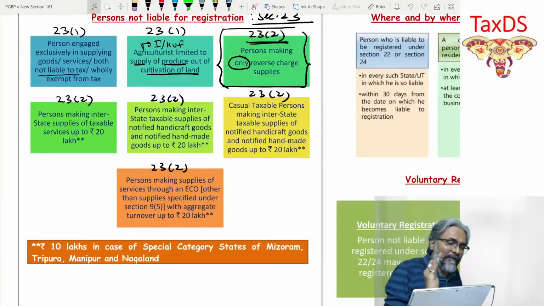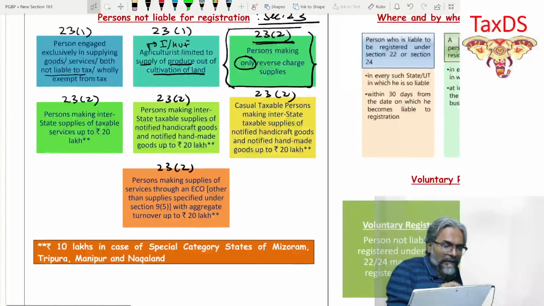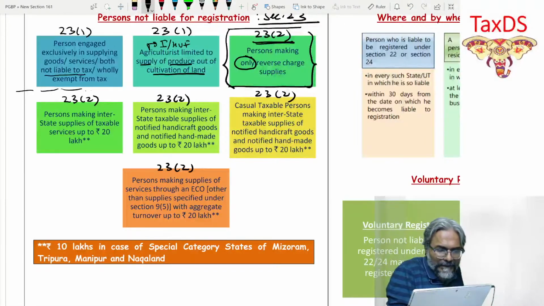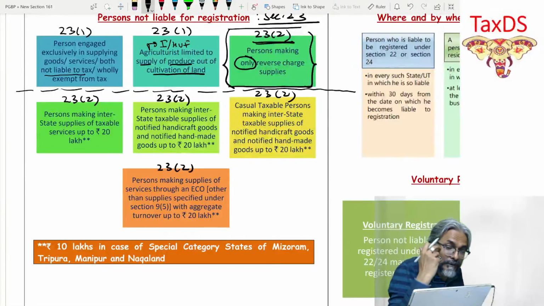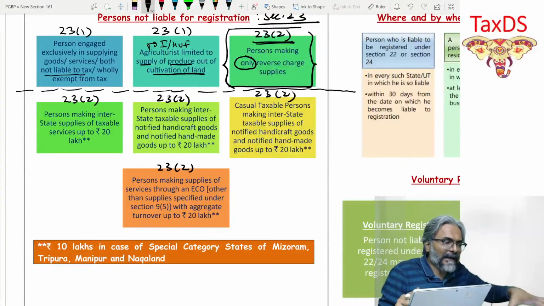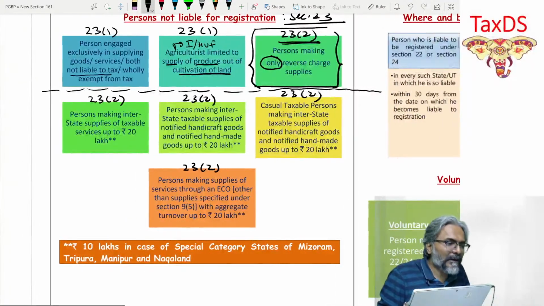Okay. Now, after this, the next four is important, students. Having understood this one, now this four, that's the reason why we first did it in two parts. In this four, you will have the threshold exemption. Now, please don't read this in isolation, students. Understand one thing, this is how I'm going to take you through.